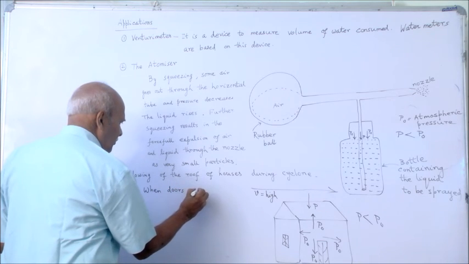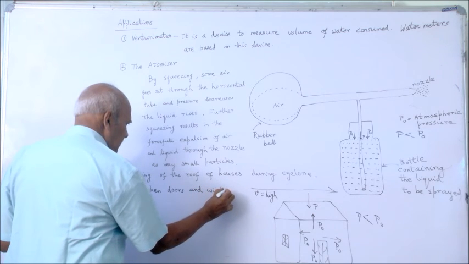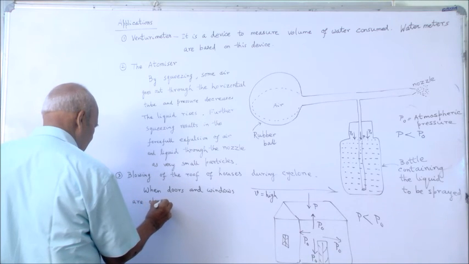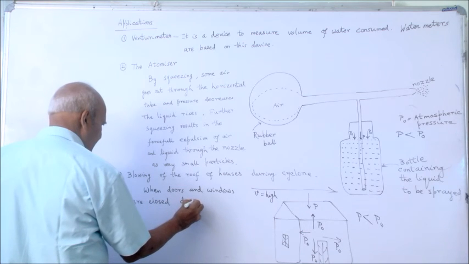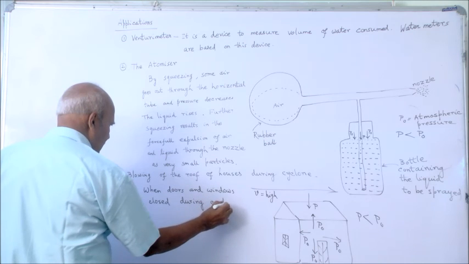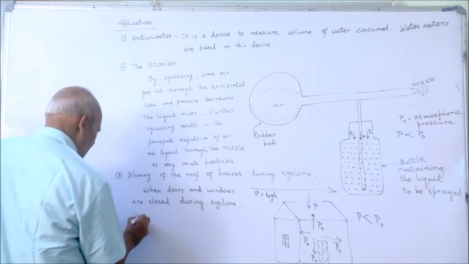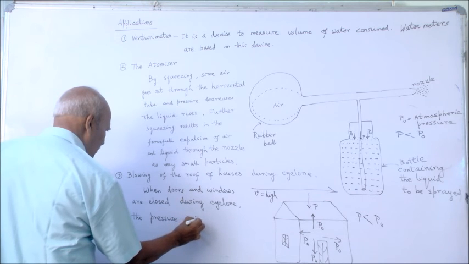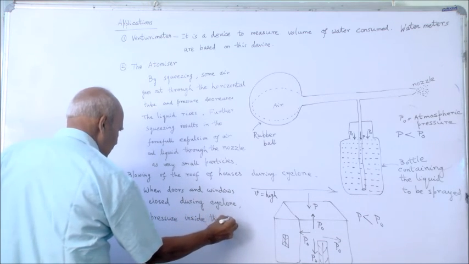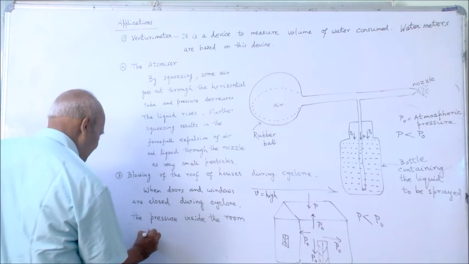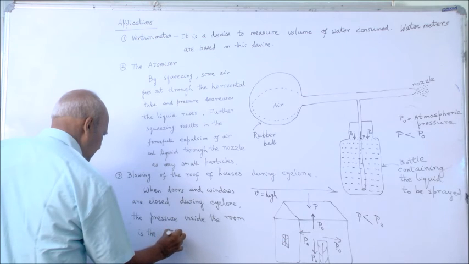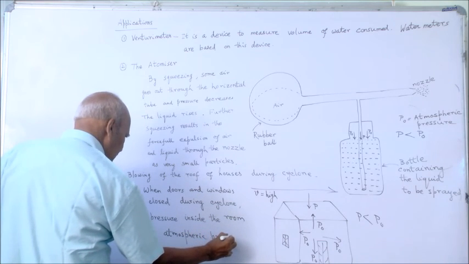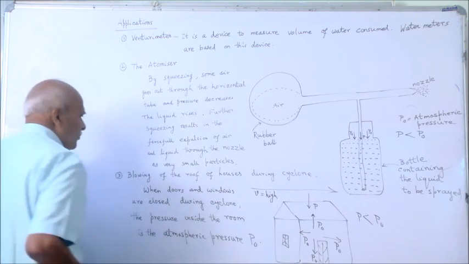So, here when doors and windows are closed during cyclone, the pressure inside the room is the atmospheric pressure P0.